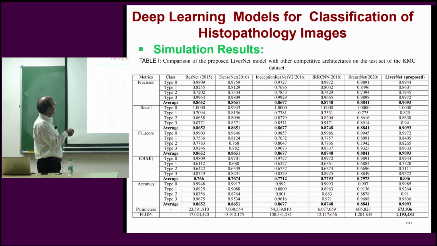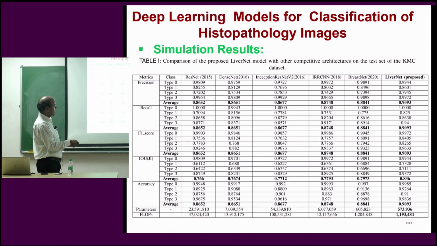If you see classes 0, 1, 2, 3, and these are ResNet, DenseNet, InceptionNet, IRR CNN model, BreastNet 20, and LiverNet, what we proposed. 0.90 was the average for precision, recall, F1 score, IOU, and then accuracy.